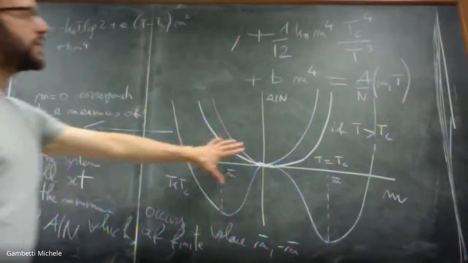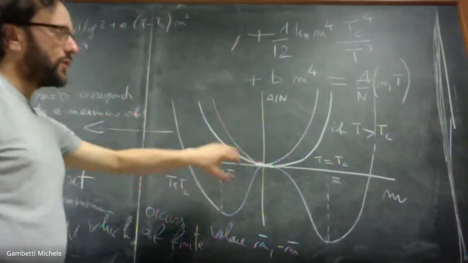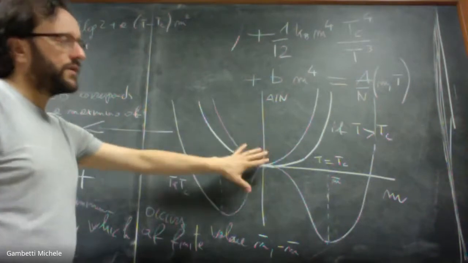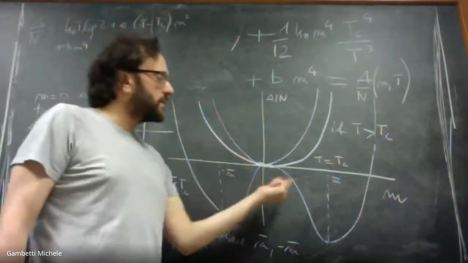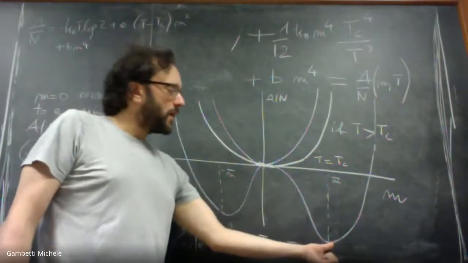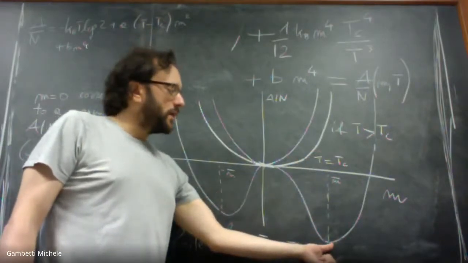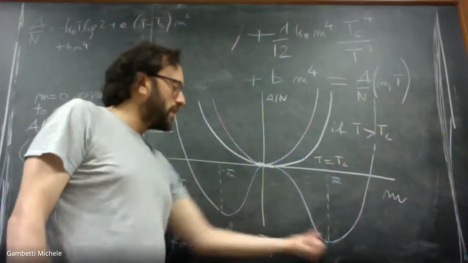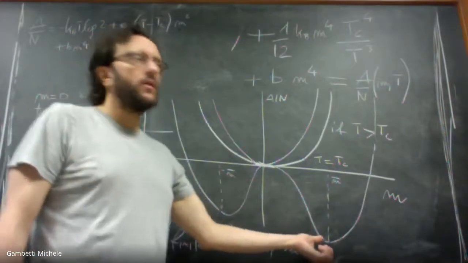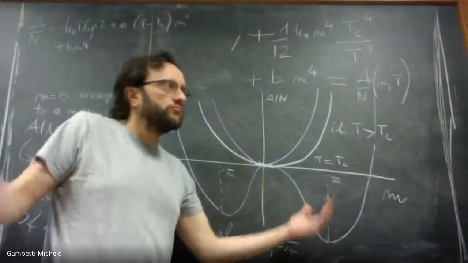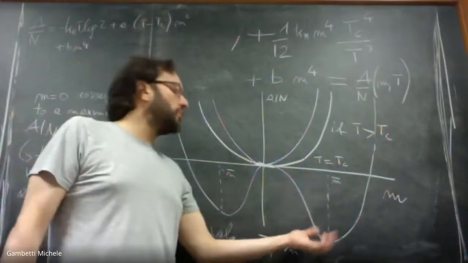So this picture is basically the explanation of this critical phenomenon. Spontaneous symmetry breaking is here in the sense that below Tc, your system will sit in one of these two minima. These are degenerate in the sense that they have the same probability to be occupied.